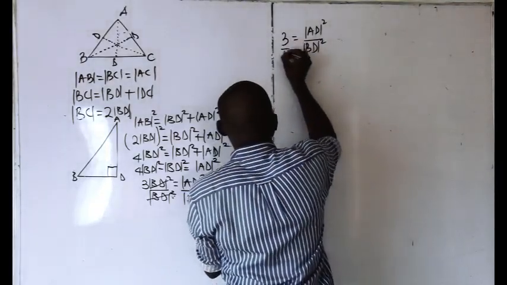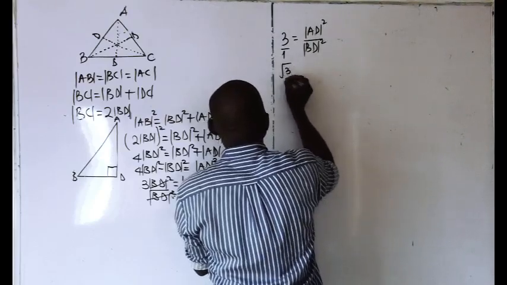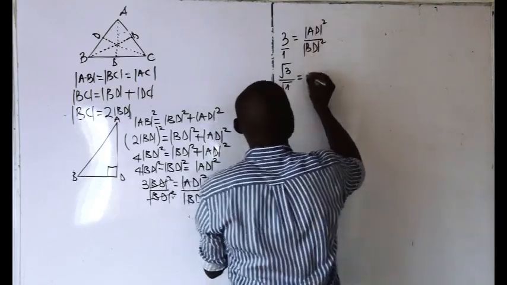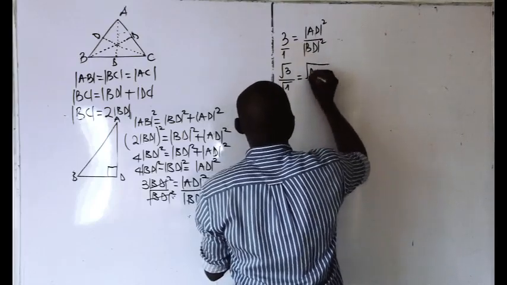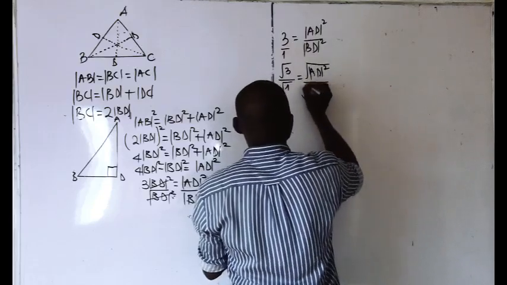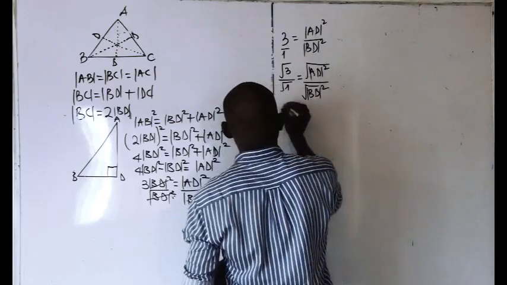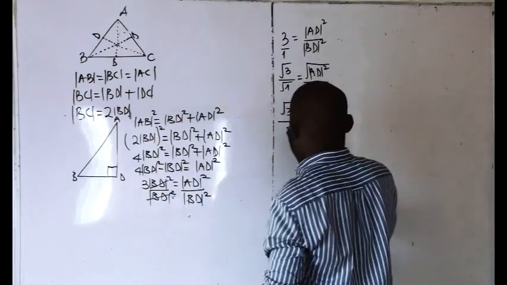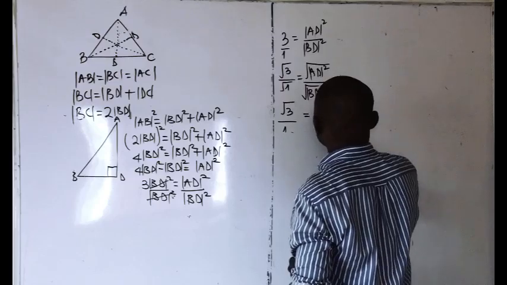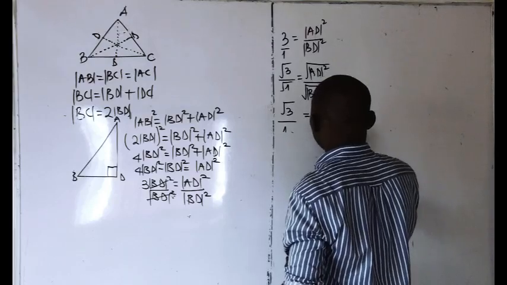Remember, this one means divide by 1. So if we take the square root of both sides, this becomes root 3 divided by root 1 is equal to the square root of line AD square divided by line BD square. So here we have root 3 divided by 1 is equal to the line AD divided by line BD.